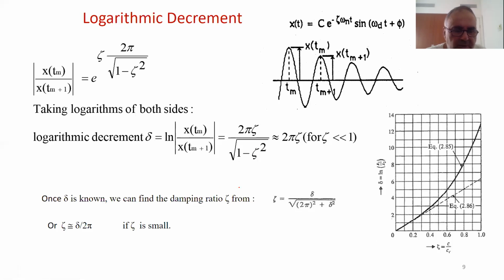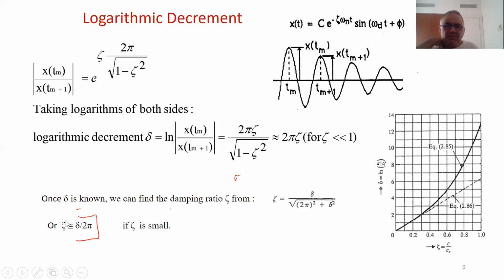This is the quick solution for zeta small, like less than 0.3. So having found delta, we can find zeta, the damping ratio, which is a good thing.